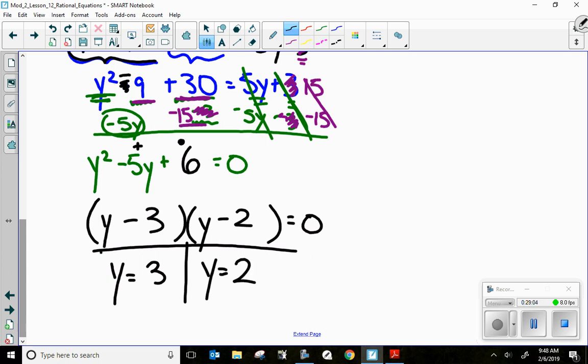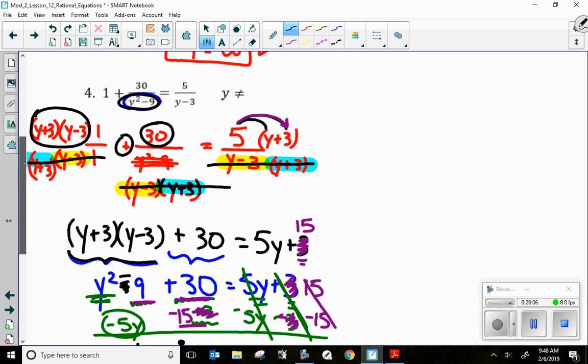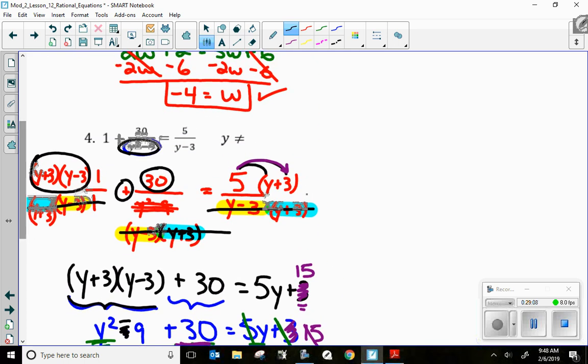Let's see if either of these are on our restriction. We didn't even write the restriction. What can y be and what can y not be? First of all, if I look right here, I can't have y be 3. That would make this bottom a 0. And if I factor this out, I have y minus 3 and y plus 3.